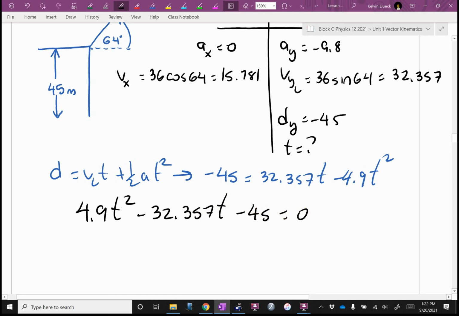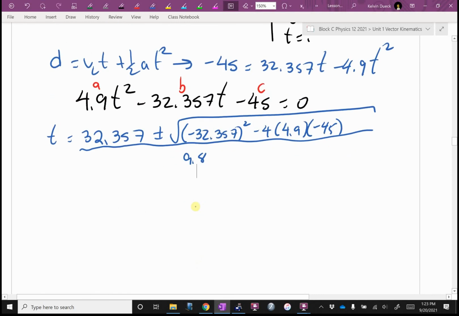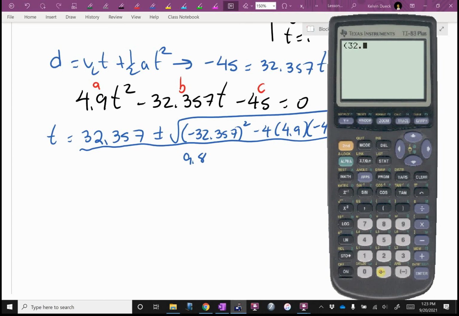Quadratic. Bracket. That's totally wrong.